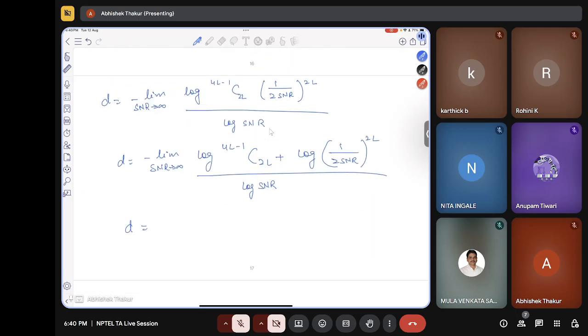This becomes log (4L minus 1 C 2L) minus 2L log of 2 SNR.